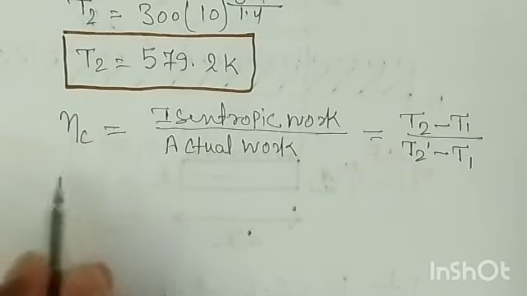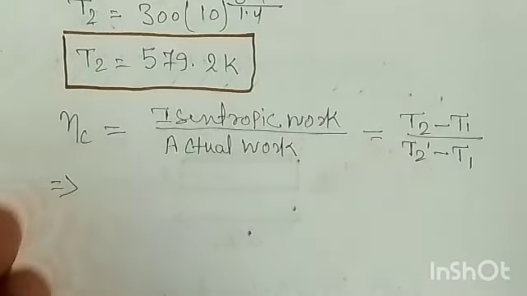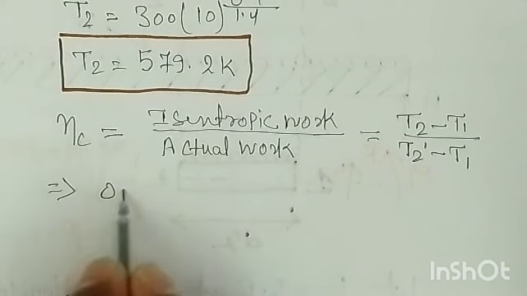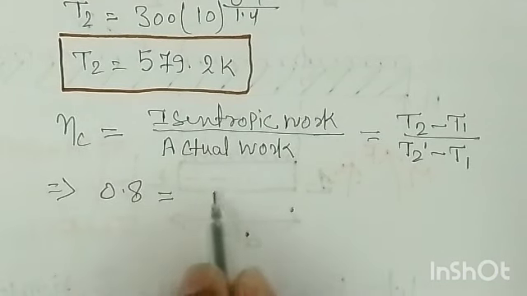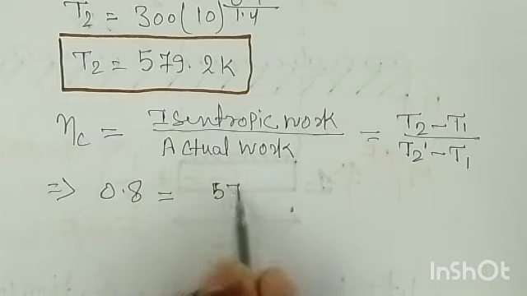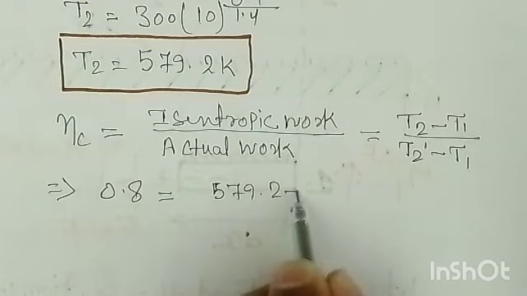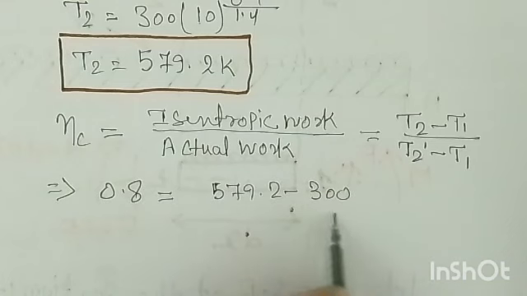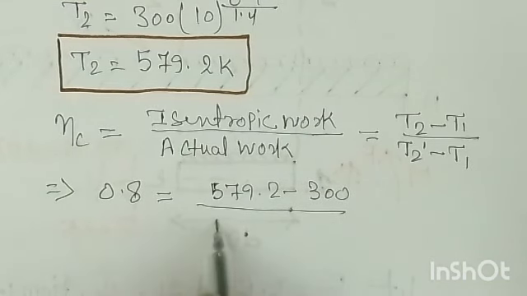Okay, so from here you can get the answer for the compressor efficiency, that is 80%. 80% means 0.8 is equal to T2 we have, 579.2 minus T1, which is 300, upon T2 dash we have to calculate, that is the actual temperature at the end of the compression, minus 300.